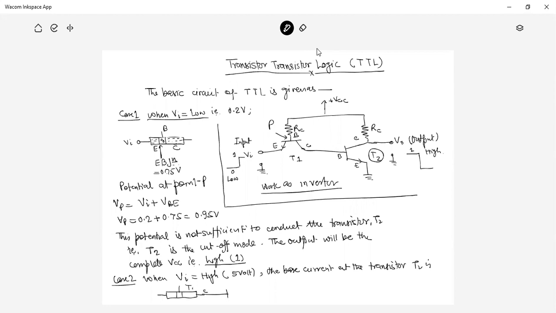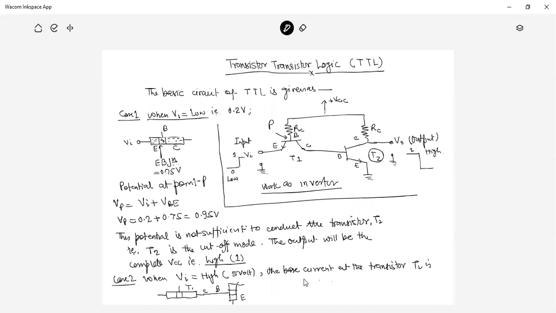And here, this is transistor T2, with base, emitter, and collector.